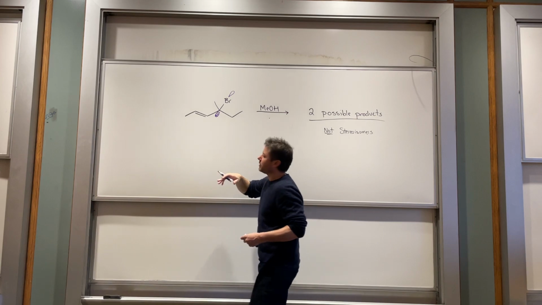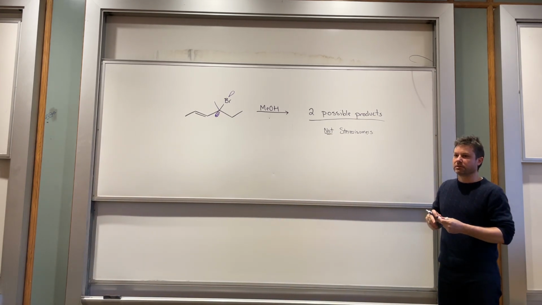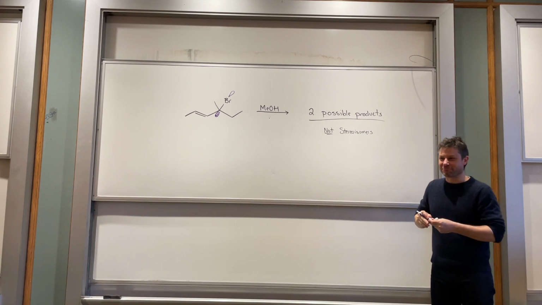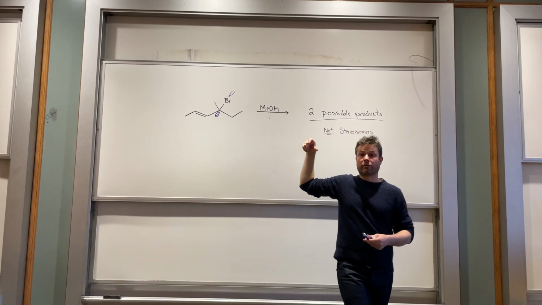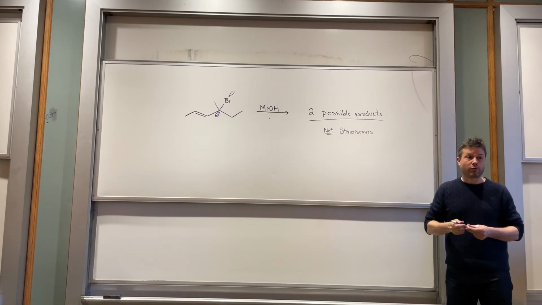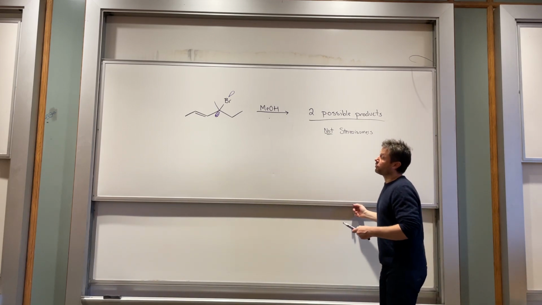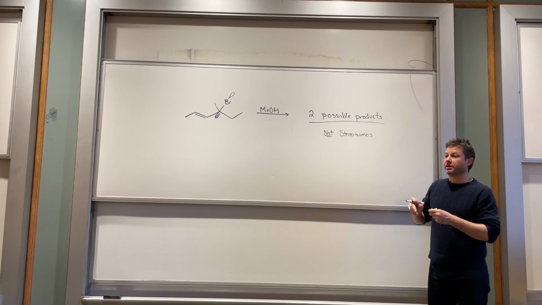So how available do you think that would be, or how easy do you think that would be to add to? The SN1? Yeah. The more substituted the electrophile, that suggests that it's going to be an SN1. So for an SN1 mechanism, what would the first step be?